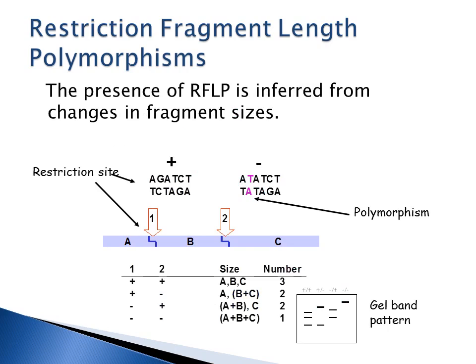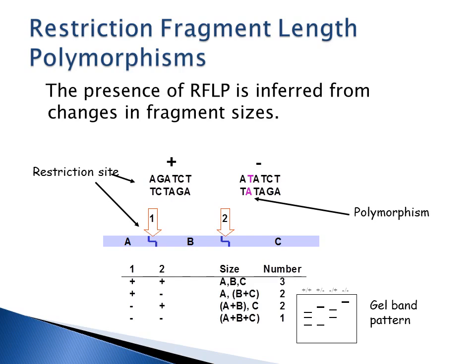So the presence of your restriction fragment length polymorphism is inferred from changes in the fragment sizes. So for example, you have two different restriction sites in a particular genomic sequence. If a polymorphism were to occur, you would lose one of these restriction sites.